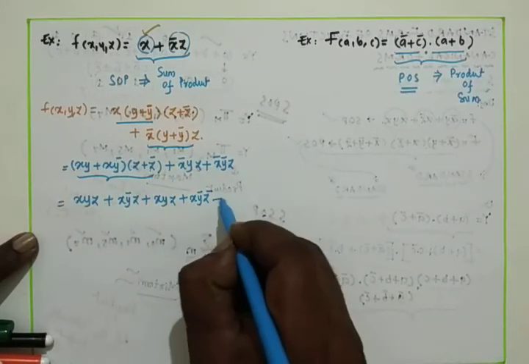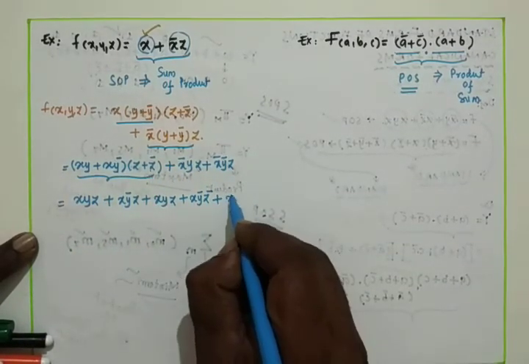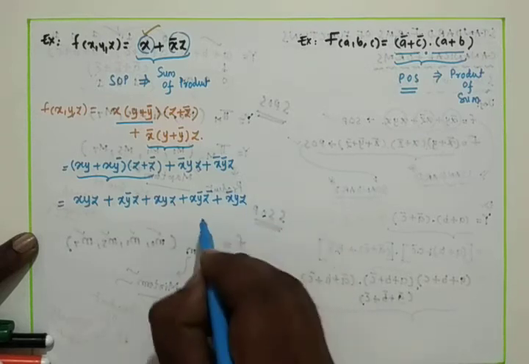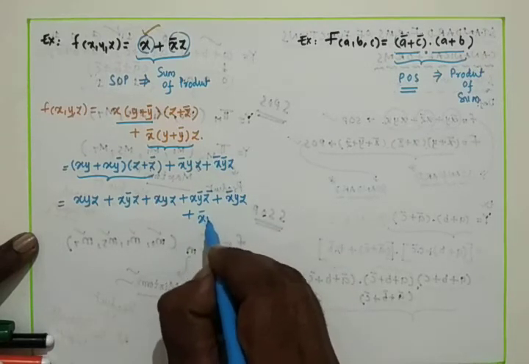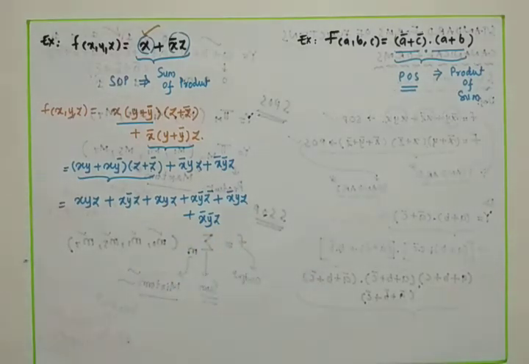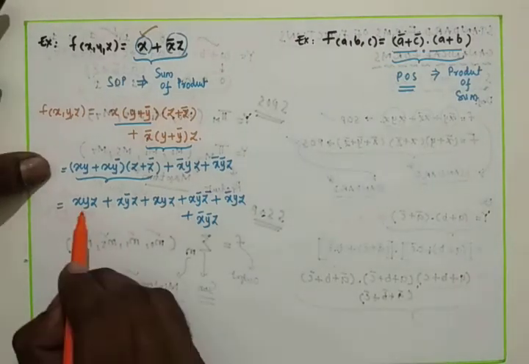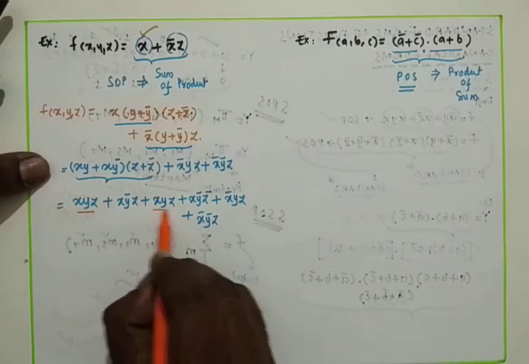Now the next two more terms are there, that is x̄yz plus xȳz. Then in this one identify any common terms. See this one, this is xyz, this is also xyz.